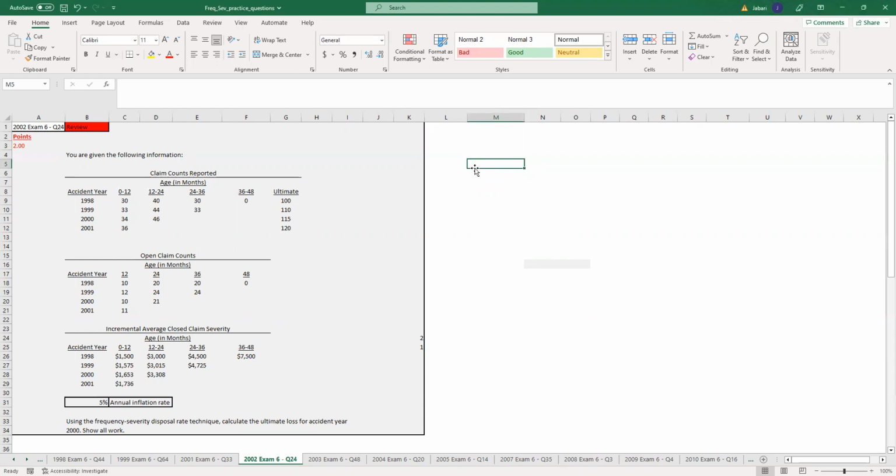To start the problem, we first need to get the disposal rates, as they're asking for the frequency severity disposal technique. However, before we need disposal rates, we need the closed claim counts. So let's start with that. Closed claims.